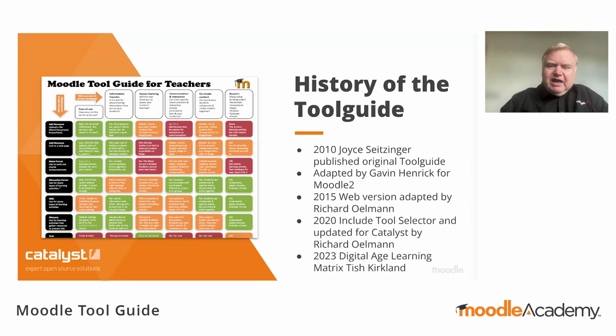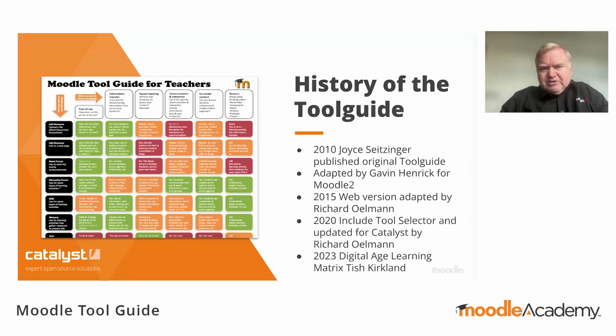Moodle 2 came around, and I first came across Joyce's tools then when Gavin Henrick updated it for Moodle 2. At the time I was working in a university, and I found this tool guide that Gavin had updated and shared it with some of my colleagues, and we thought it was brilliant. It was a very, very useful tool to share with our lecturers, with staff who were developing courses on Moodle.